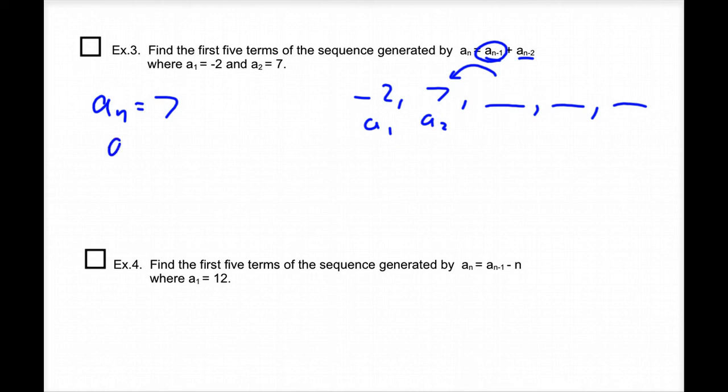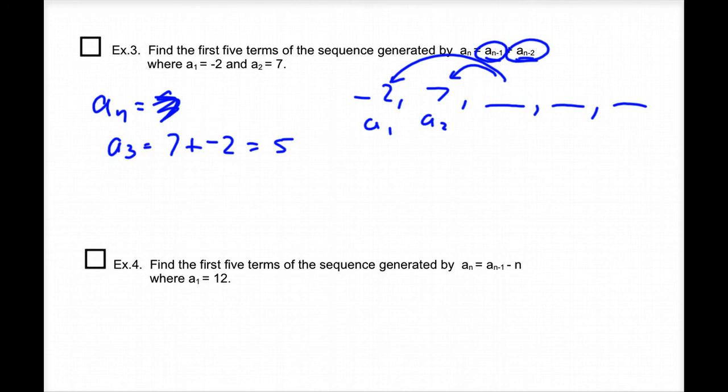And this one's going to actually be a sub 3, so let's change that a sub 3. So we're going to go 7. And then we're going to add that. This means 2 to the left, so we're going to add 2 to the left, which would be negative 2, and that gets me 5. And that's my third term.